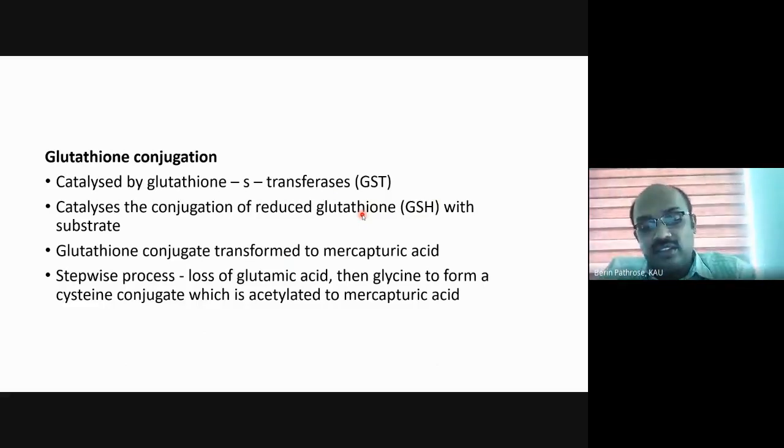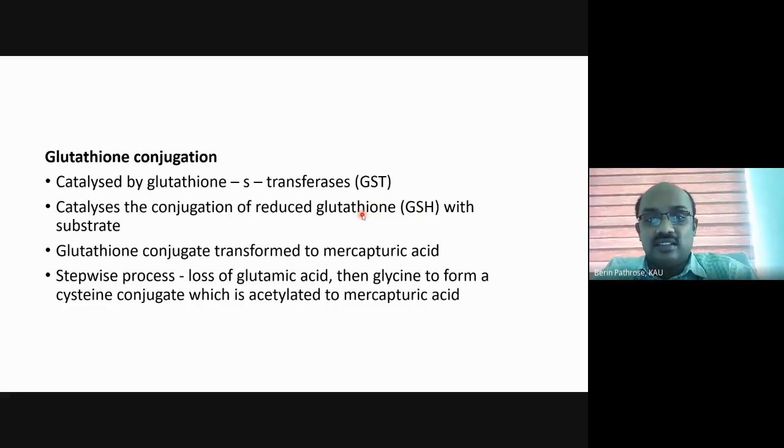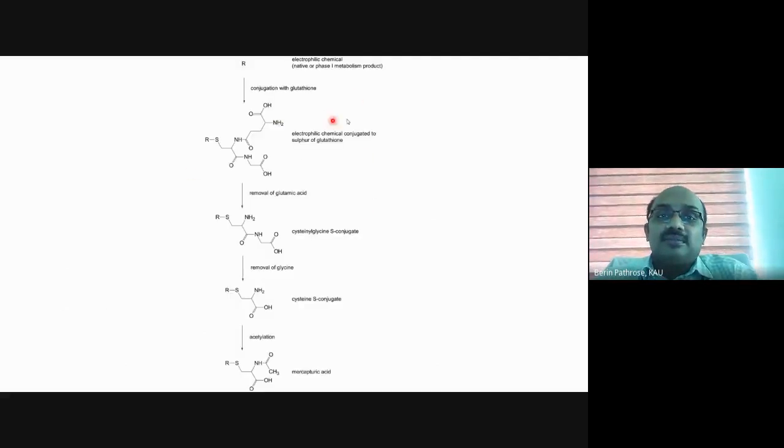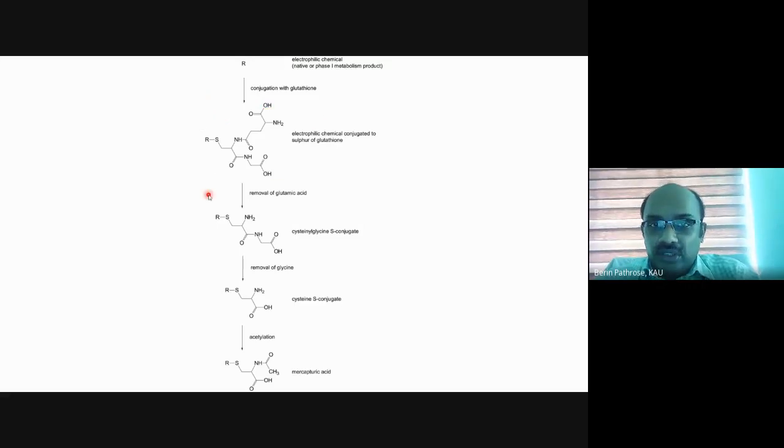I will do the stepwise reaction, then you can easily understand. See, this is the pesticide molecule. It will get conjugated with glutathione. The enzyme here will be glutathione S transferase, which will help in the conjugation of reduced glutathione with this pesticide.